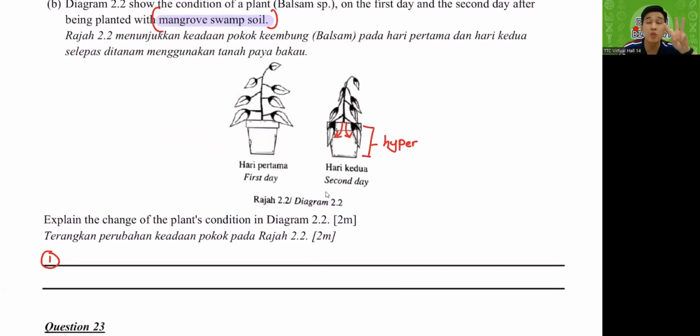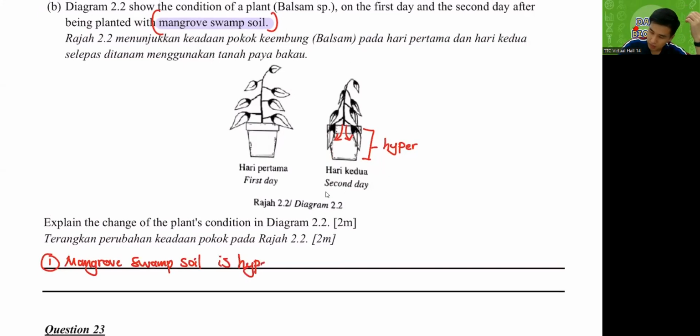So the same three points. Okay, we're going to say the mangrove swamp soil is first hypertonic.